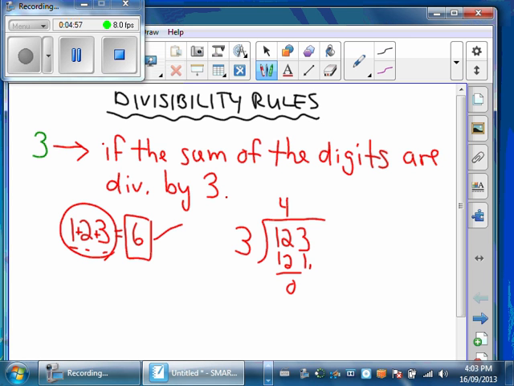Come down to 3. 3 goes into 3 once. And as you can see, 3 goes into 123 41 times.